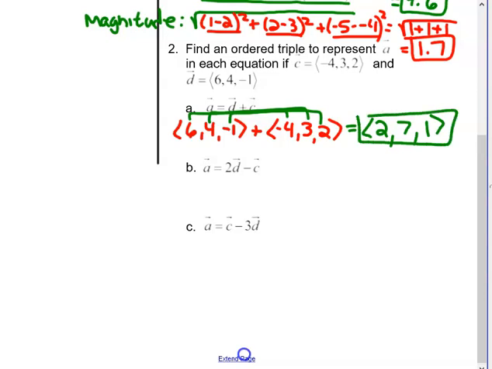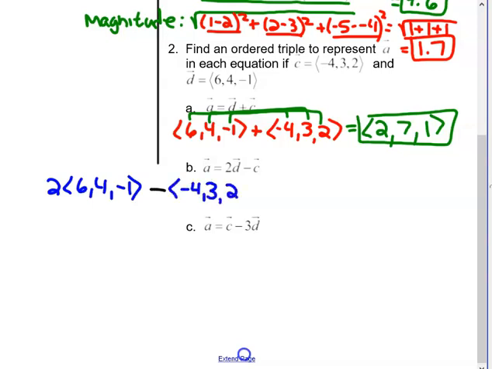So I'm just adding those. Here, I'm going to go a little bit further to the left on this one because I can see it's going to need a little bit more space. 2 times D. D is 6, 4, -1. And we're going to subtract C.